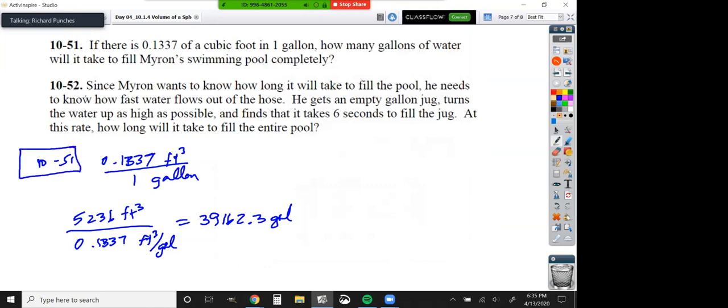Problem 1052. Since Myron wants to know how long it will take to fill the pool, he needs to know how fast water flows out of the hose. He gets an empty gallon jug, turns the water on as high as possible, and finds it takes 6 seconds to fill the jug. At this rate, how long will it take to do the entire pool?